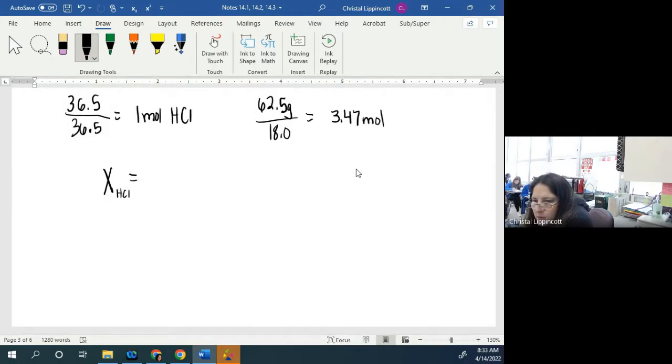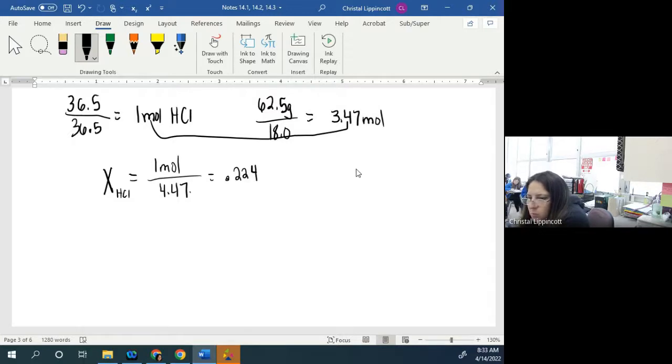That's going to be my 1 mole of this divided by what? 4.47. I have to add these two things together to get my bottom number. And I end up with 0.224. It's unitless because my moles would have canceled. That's my HCl. And then this is going to be my H2O.